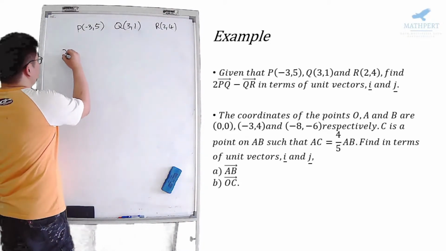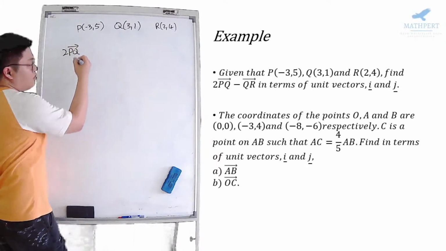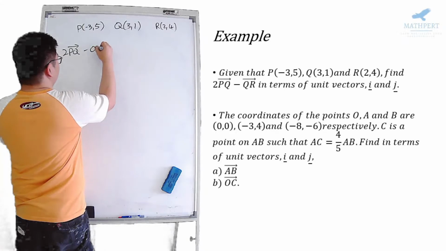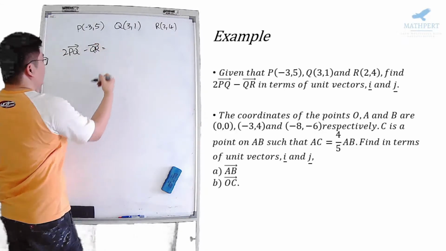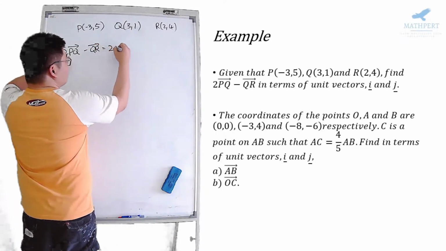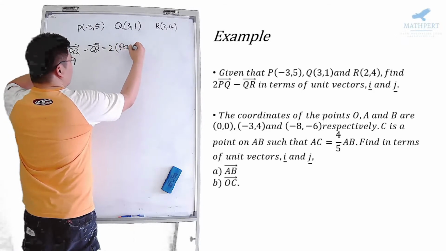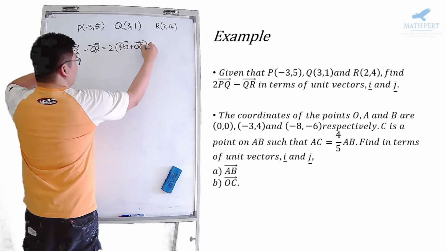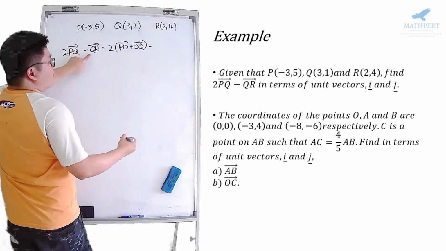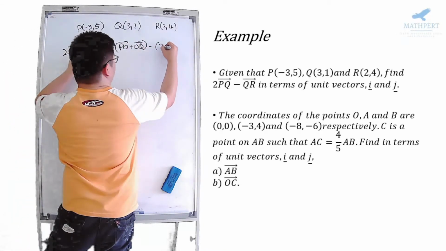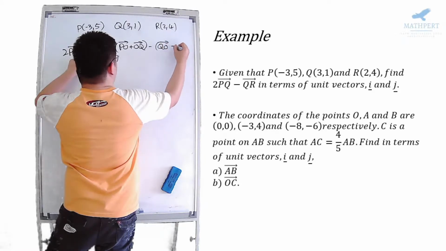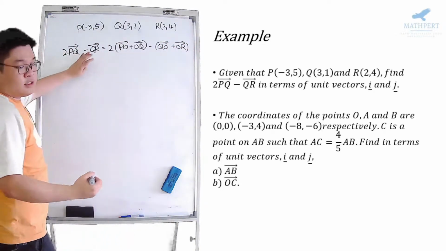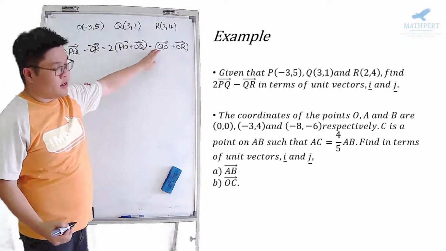So 2PQ minus QR. 2PQ will be 2 times PO plus OQ. Minus QR will be QO plus OR. Please be very careful, there's a minus sign over here.